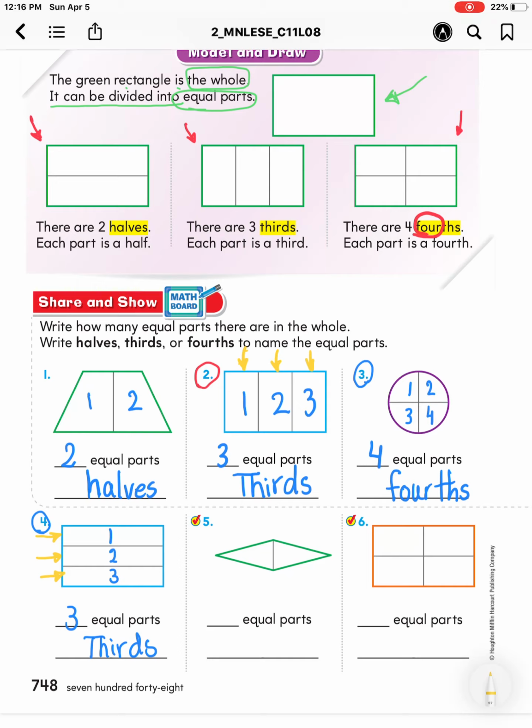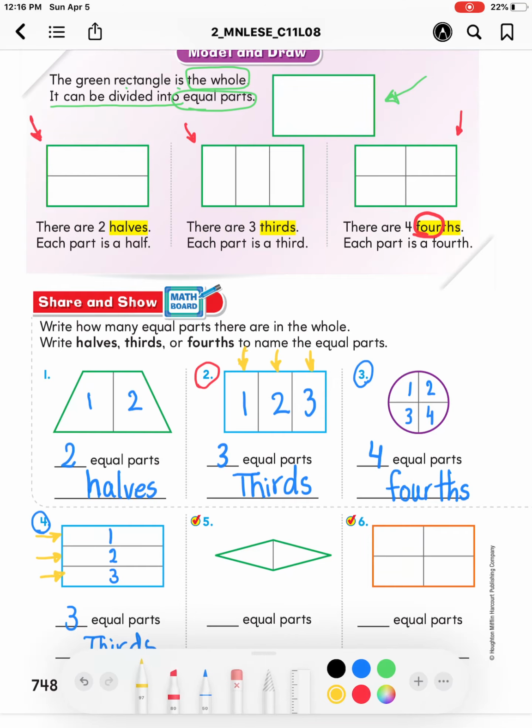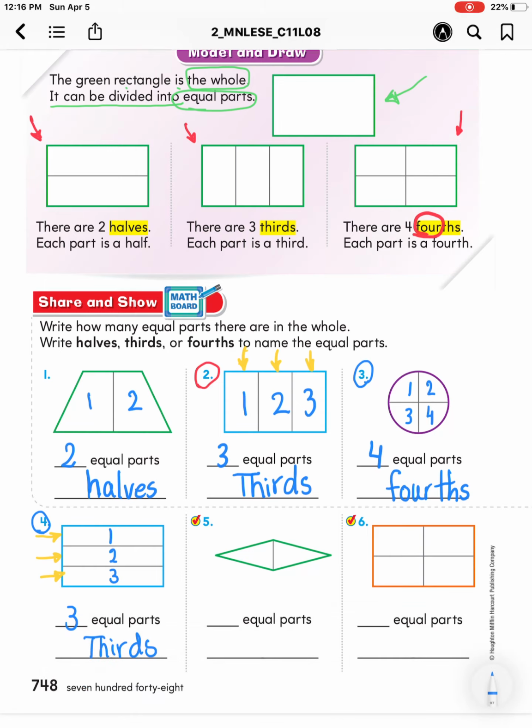Now let's move to the next one. Question number 5. At question number 5 here, how many equal parts do we have? Good job. We have 2 equal parts. And 2 equal parts means we have halves. Excellent.